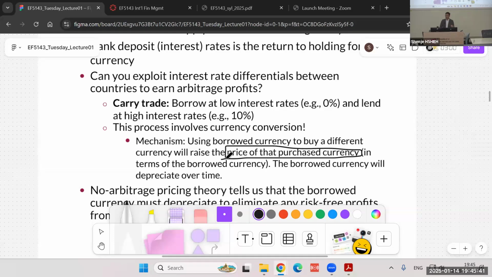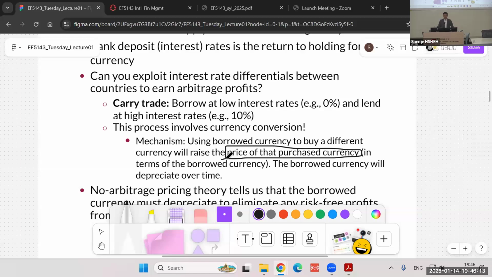Make sense? So let me walk you through the steps again. Again, we're just applying the law of one price for a bank deposit, right? We're just doing bank deposits, law of one price. Just like commodities and goods and services, we are just saying that for identical assets that pay the same return for a given risk, those assets should be priced the same after currency conversion, right?